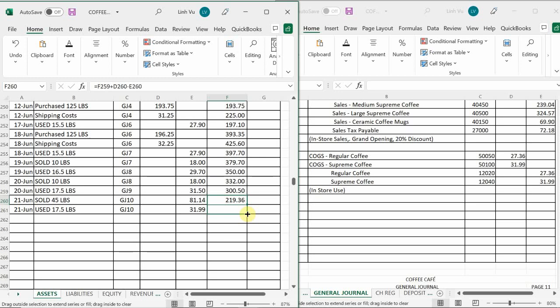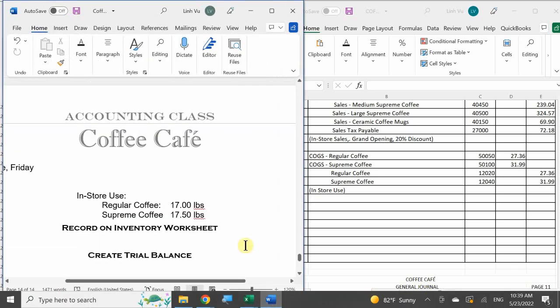We got 187.37, which matches our inventory worksheet. So there we go. This is an internal transaction, so no need for the subsidiary ledger. And we already updated our inventory.